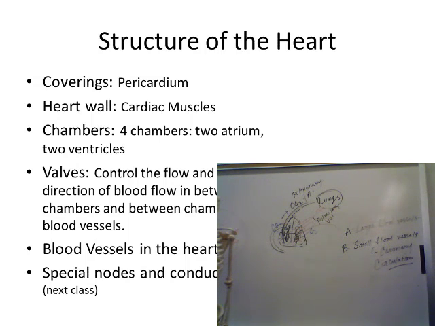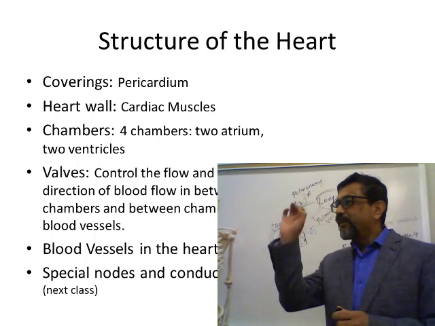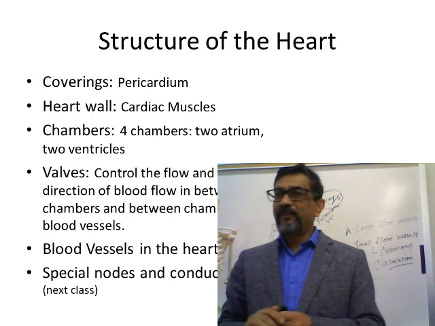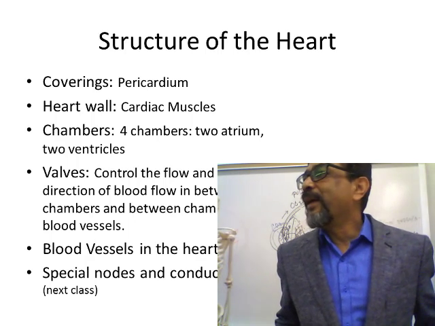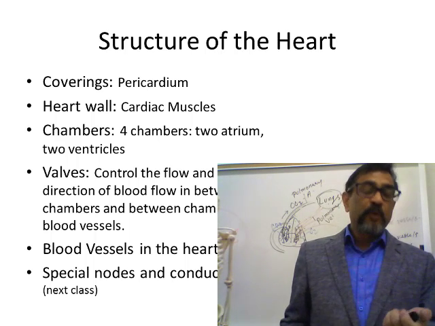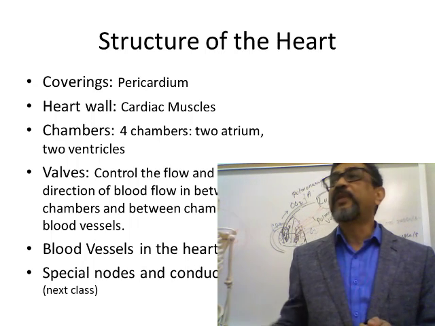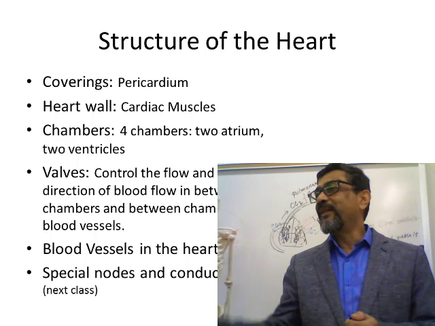Repeatedly producing electrical impulse. Have you heard of the SA node? Pacemaker, right? SA node is called the pacemaker, probably all of you have heard. So that is one node, the SA node, that is producing electrical impulse one after another throughout life.